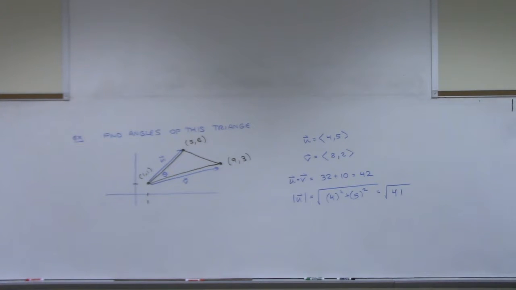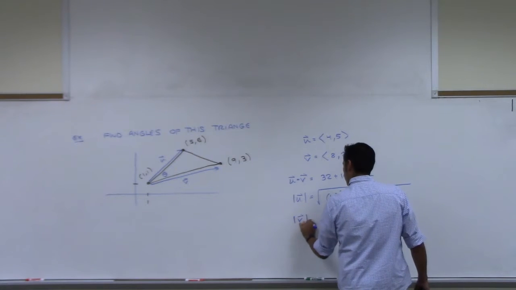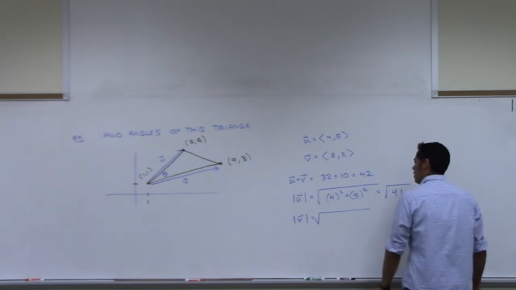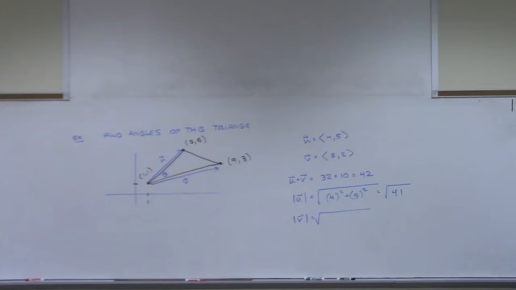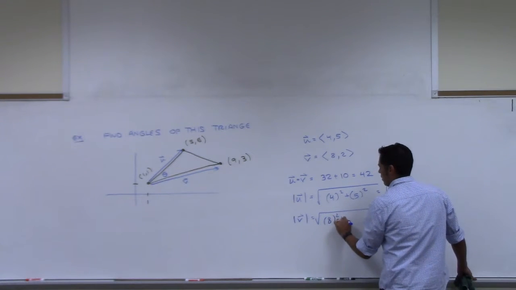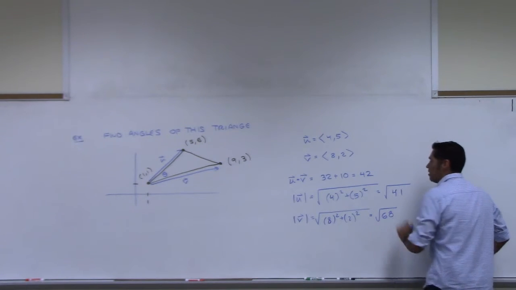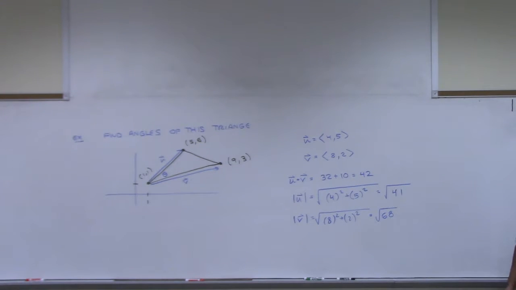Okay, we need the magnitude of v, which is the square root of, okay, 68. Okay, that's it. Now we just need our calculator, all right?